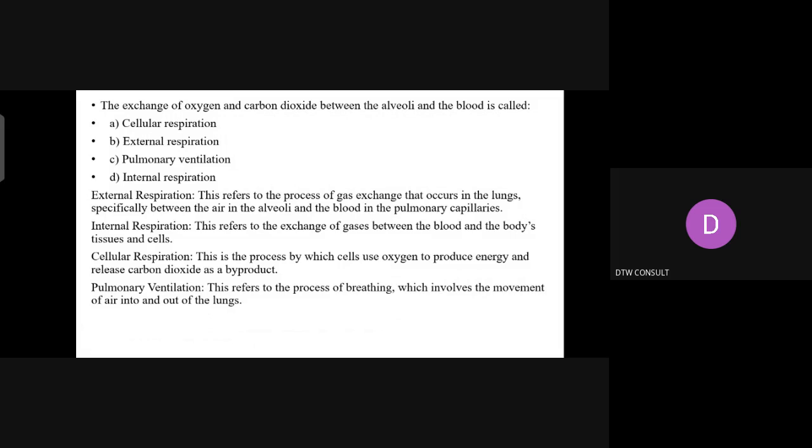Now, it's called external because it involves the exchange of gases specifically between the lungs, which are made up of your alveoli, and the blood. Now, let me quickly give a deeper explanation. Your blood undergoes diffusion, which involves the diffusion of oxygen received from your lungs when you breathe in.